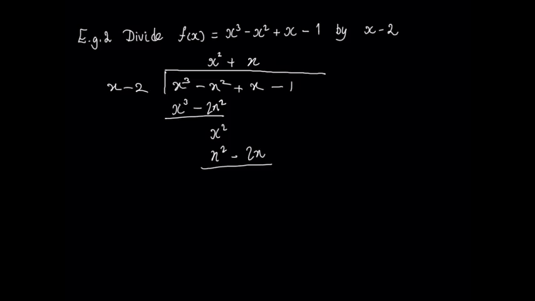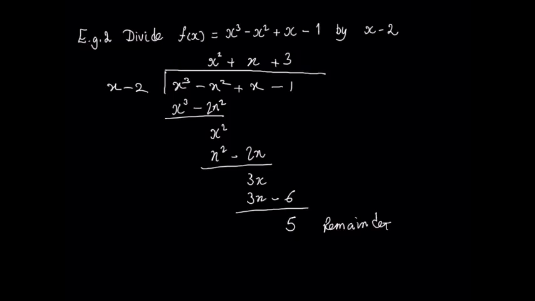Subtract again, we'll get x minus minus 2x is going to be 3x. x into 3x goes plus 3. 3 times x is 3x, and 3 times minus 2 is minus 6. So this time when we subtract the 3x from the 3x, obviously we get 0, but minus 1 minus minus 6 is going to leave us a remainder of 5.